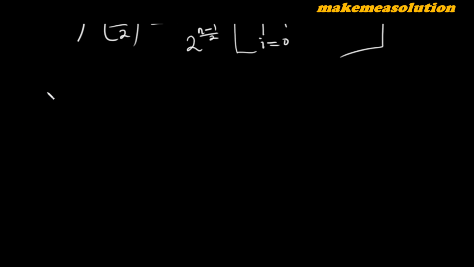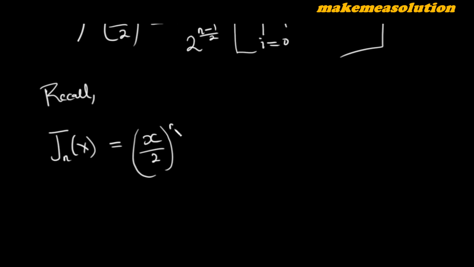Our J_n of x, that's the Bessel's function of the first kind of n order, is defined as (x over 2) raised to the power of n.